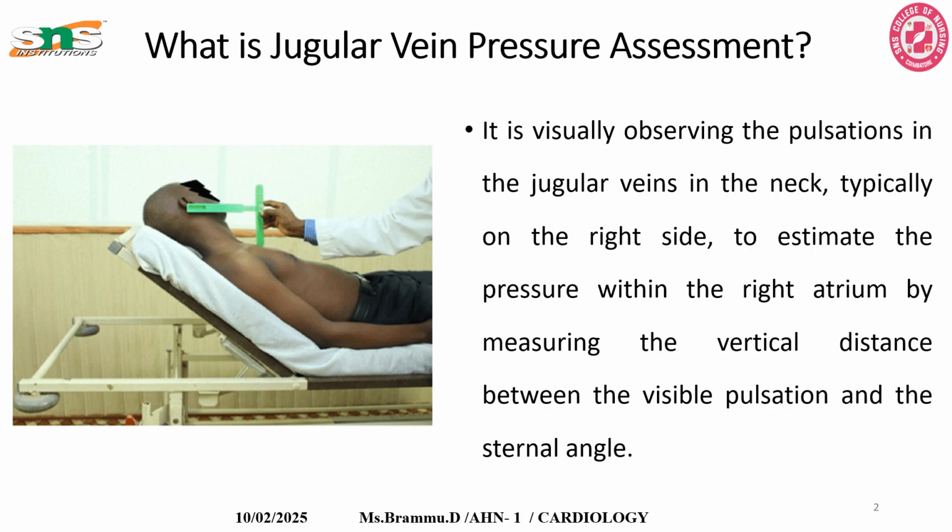As you can see through this picture, the healthcare worker has a small device where one end is placed on the sternal angle and the other end is placed very close to the jugular vein. So yes, we will be seeing it in detail in the further slides.